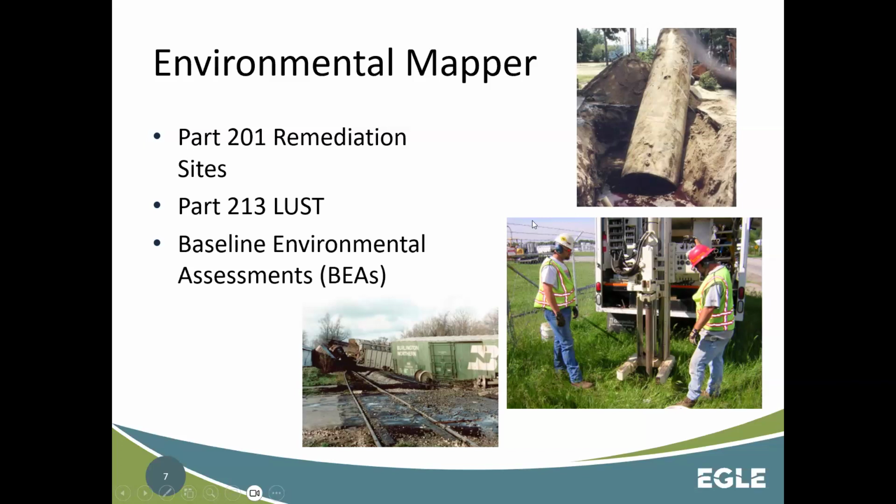They also have baseline environmental assessments on Environmental Mapper. So you might see one that says a baseline environmental assessment. That doesn't necessarily mean that there is contamination in the area. It's just that some entity or another has performed a contamination investigation of their own.